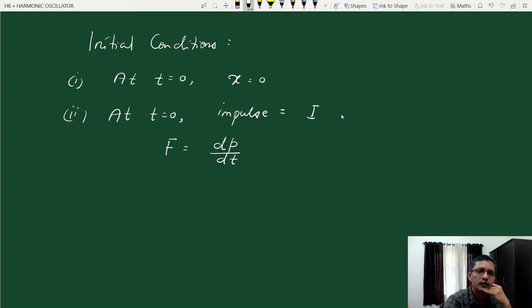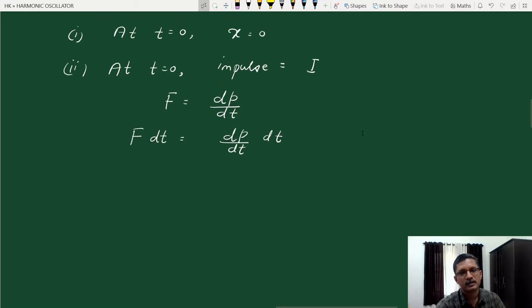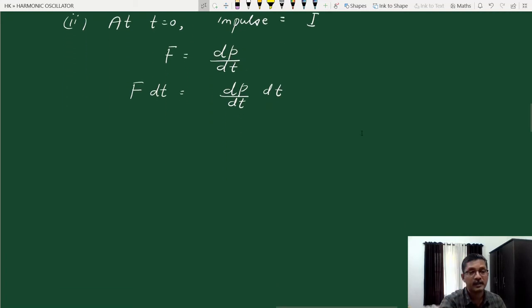Suppose a force is given for a small time interval dt. So we can write this as dp by dt into dt. Let us integrate on both sides from an initial time 0 to a later time t. So integral 0 to t of F dt equals integral 0 to t of dp by dt into dt.